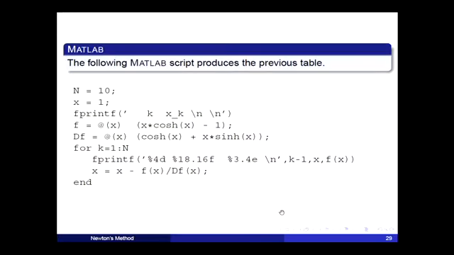So now, how do we implement Newton method? First, we have to define the function, and then define the derivative of the function. In this case, I just define both in terms of anonymous functions. And this is my formula for Newton method. So xn plus 1 is xn minus f of x over f prime of x.